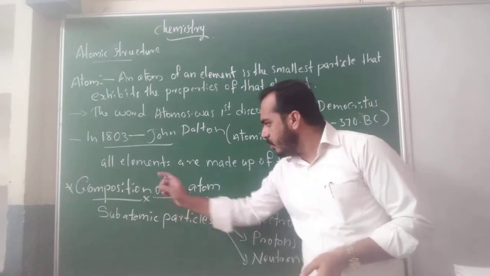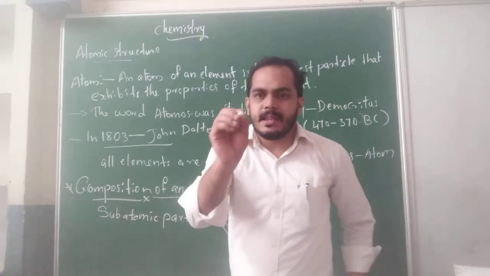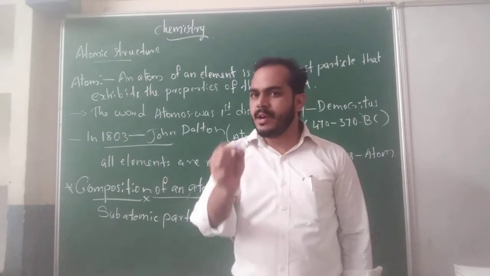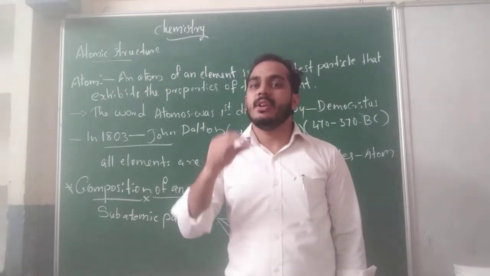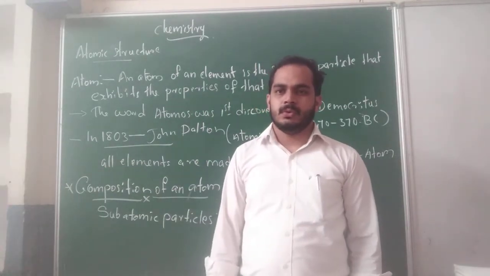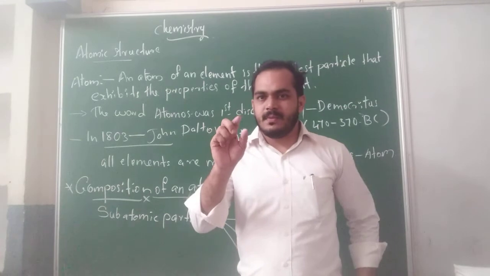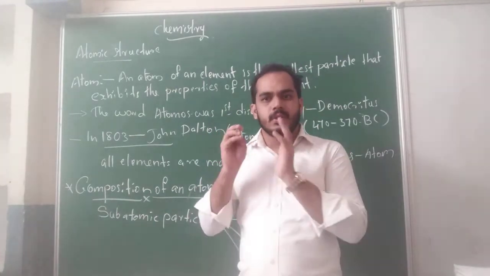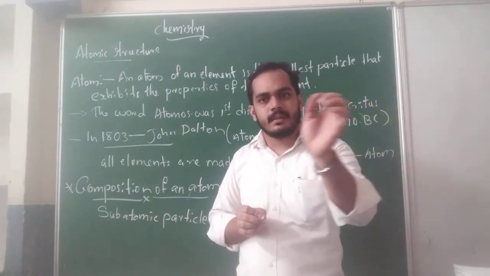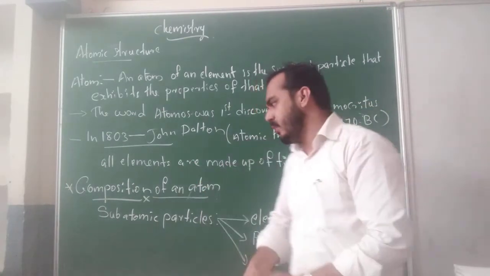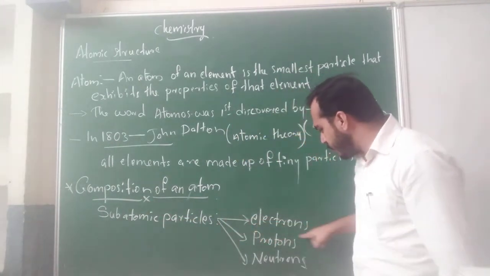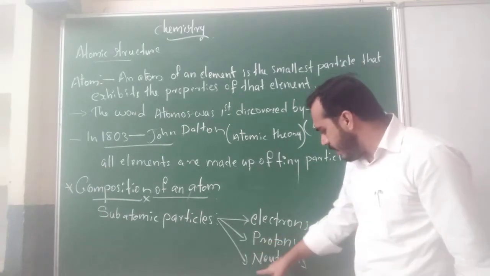The composition of an atom means the atom is again divided into subatomic particles, into three. Atom means a very tiny particle, and this tiny particle is divided into subatomic particles. Here the subatomic particles are classified into three: the first one electron, second one proton, and third one neutron.